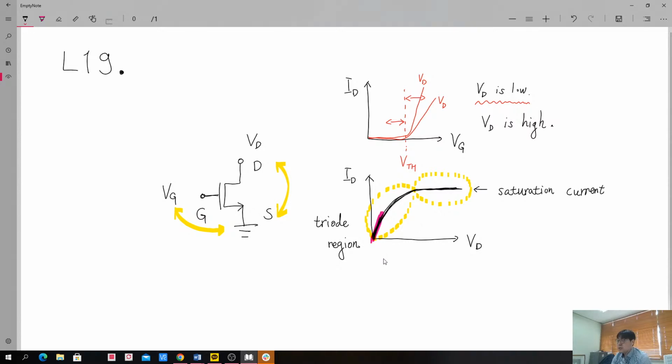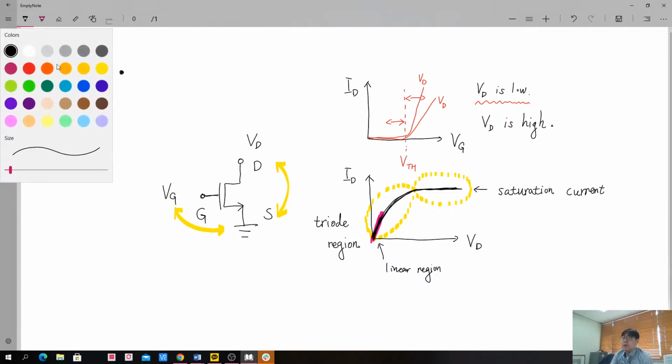So this smaller range is called the linear region. Okay, but anyway, this is the separation of operational regions.